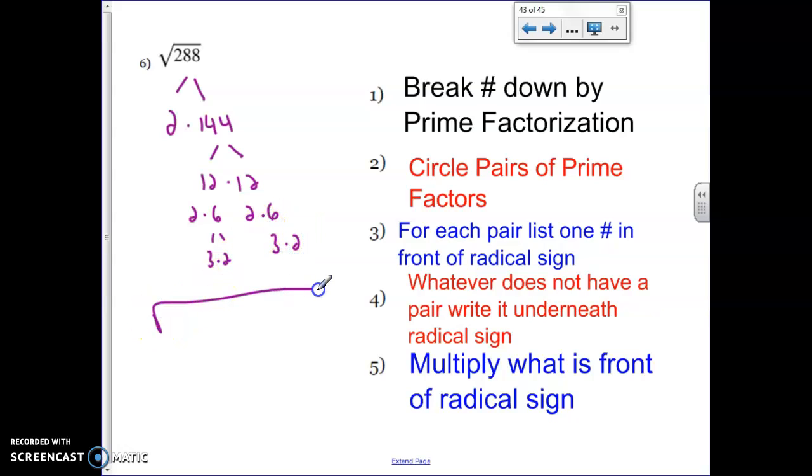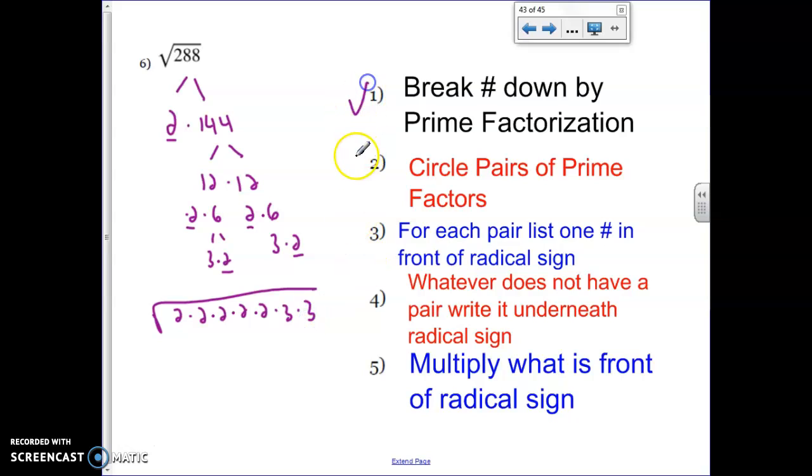So underneath my radical sign, I have a 2. I have another 2. I'm going to list my 2's next to each other so I don't lose them. So I listed that 2, this 2, and this 2. So it looks like I have 1, 2, 3, 4, 5 2's. And then I have 2 3's left over.